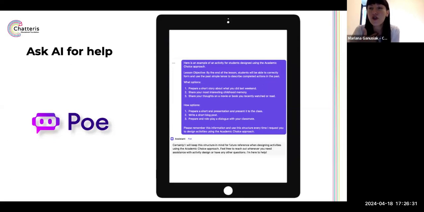What I usually do is provide an example of an activity. So here I provided an example of an activity that was designed using the academic choice strategy. And then I told the bot, please remember this information and use this structure every time I request you to design activities using the academic choice approach. So now it remembered that strategy.